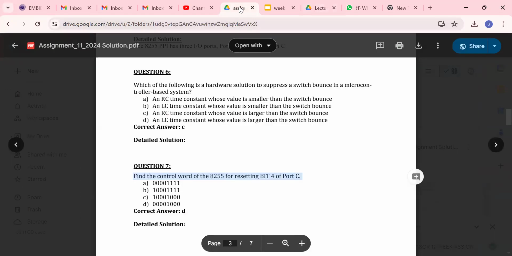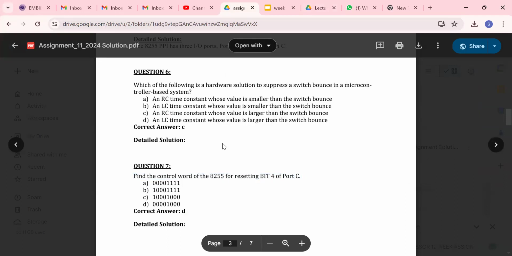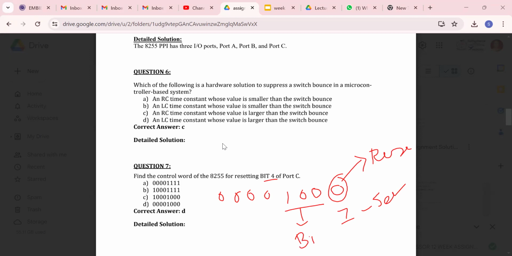So my value should be 0, 0, 0, 0, then bit 4 is 1, 0, 0, and the last bit is 0 for reset, 1 for set. Normally these four zeros are common for all the bits, so depending on the bit, the rest will change.